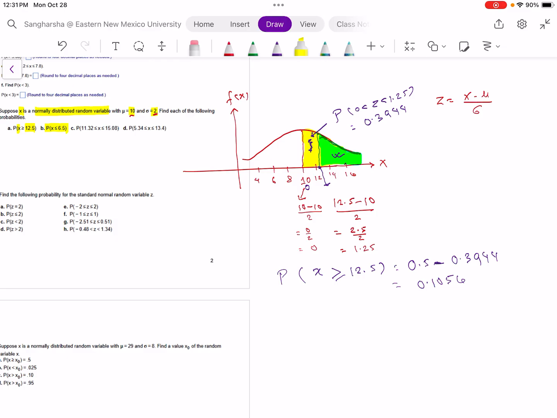So 0.0401, okay. 6.5 is here, okay. So you are finding this, okay. Now convert, just negative, that's good. 1.75. So they use the Z table, right?